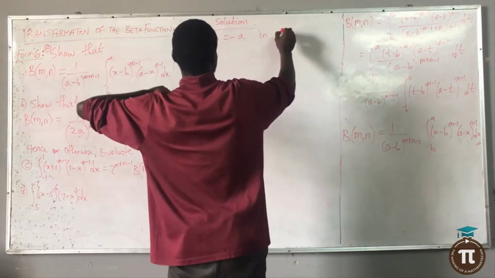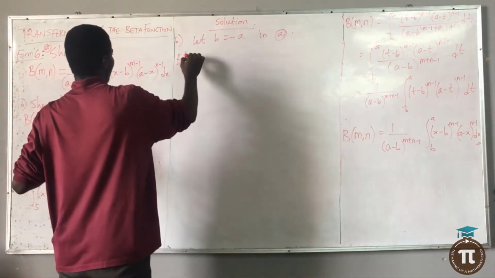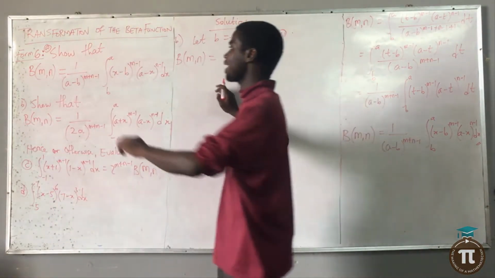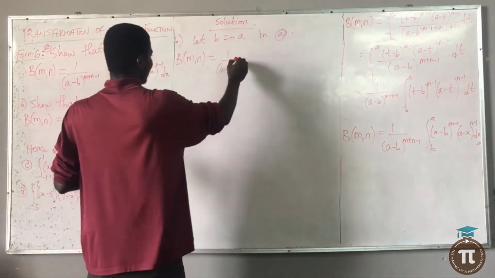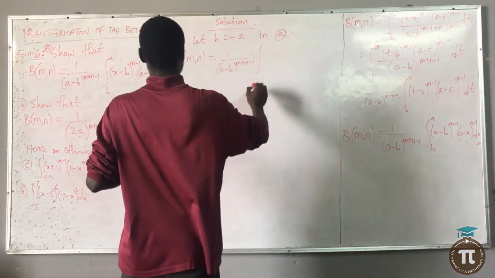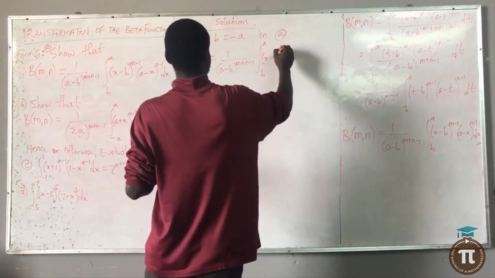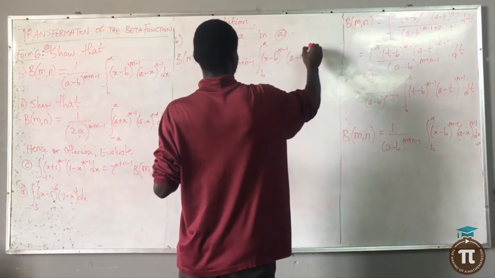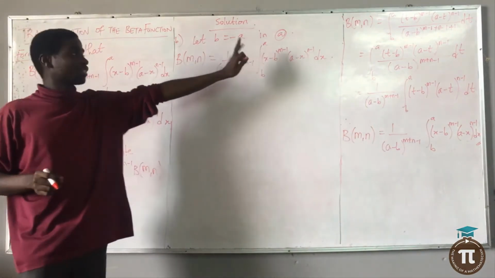In the first one, in a, don't forget it says that B(m, n) is equal to 1 over (a minus b) raised to the power of m plus n minus 1, times the integral from b to a of (x minus b) raised to the power of m minus 1 times (a minus x) raised to the power of n minus 1. Yes, so replace anywhere you see b, put negative a.